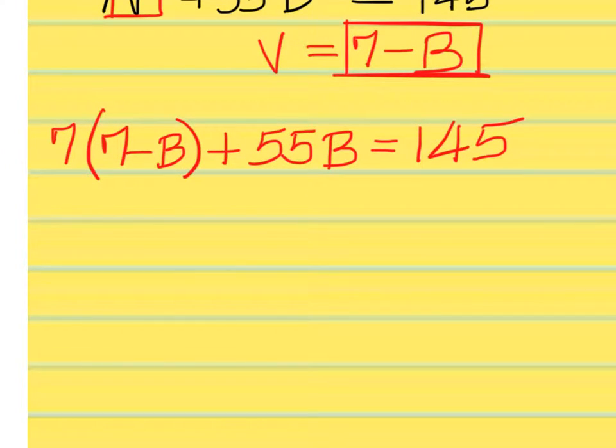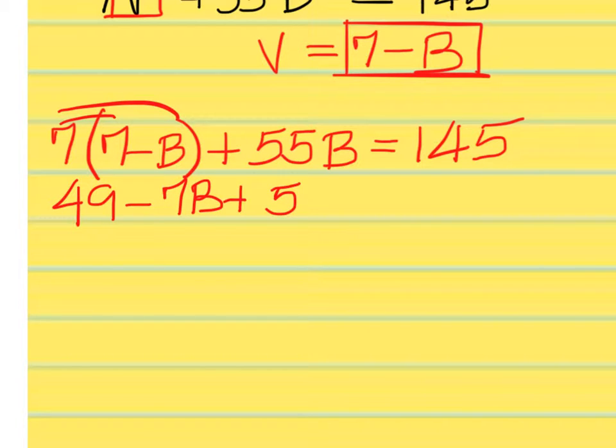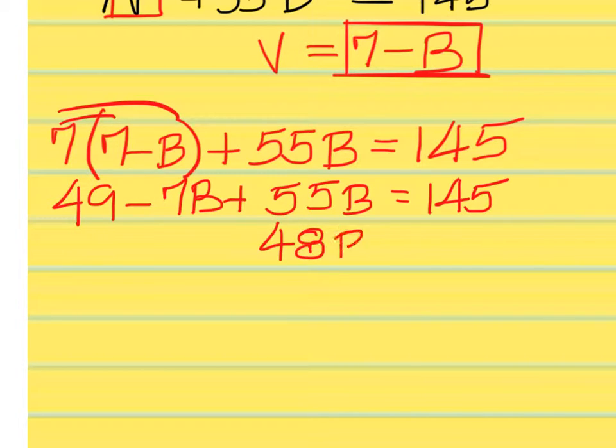Now I can solve for B for the number of buses. Distribute the 7 through there to get 49 minus 7B plus 55B equals 145. Simplify the B's for buses. Negative 7 plus 55 is positive 48B.